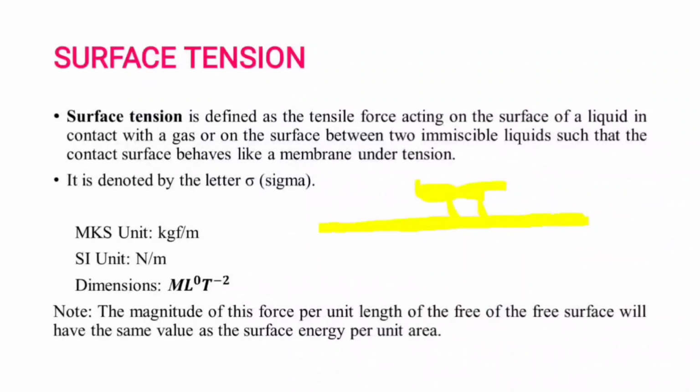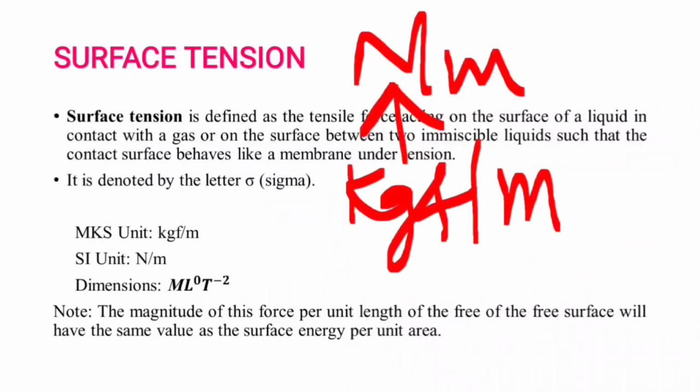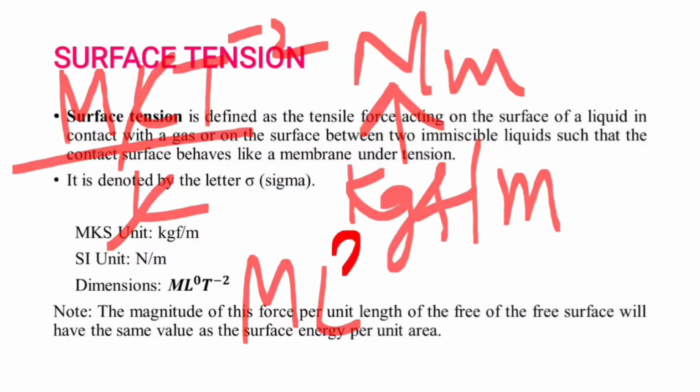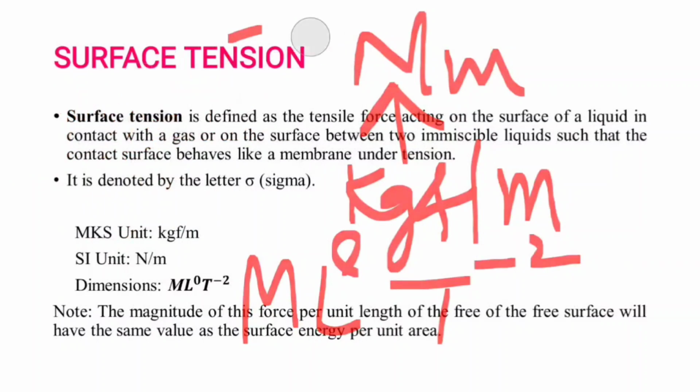This is due to surface tension. It is denoted by the letter sigma. The unit is kgf per meter in MKS, and in SI unit, Newton per meter. The dimensions: Newton is M L T power minus 2 divided by L, L gets cancelled. M L power 0 T power minus 2 is the dimensions for surface tension.